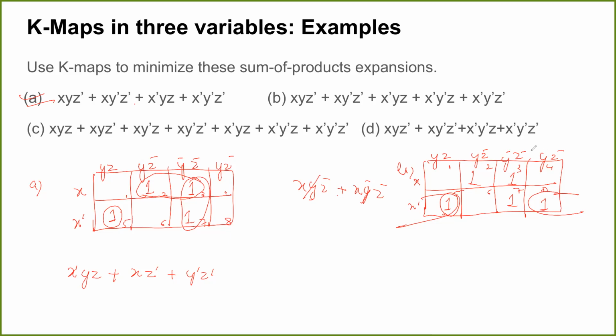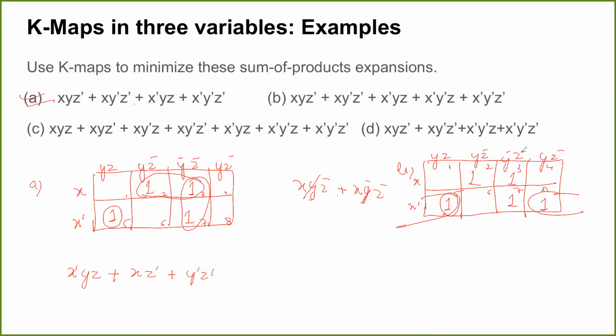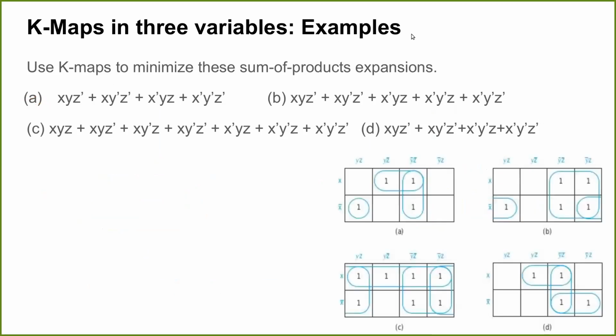I have kept this the same. Just a minute. So we have y z prime. This is y prime z. Okay, so this is your y prime z. Let me just show it. I have just used a different notation. Suppose this is my Karnaugh map.